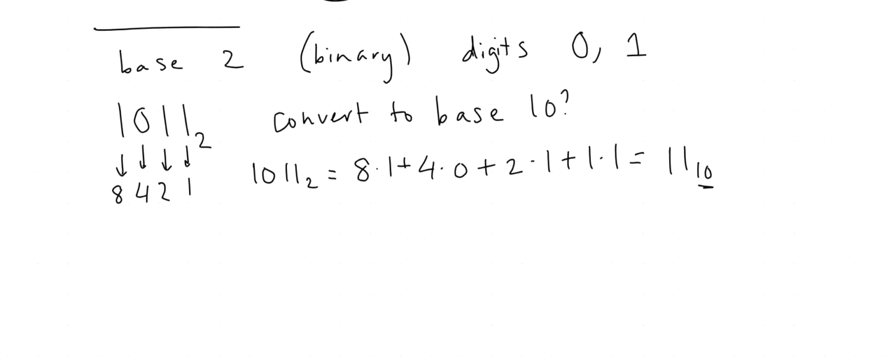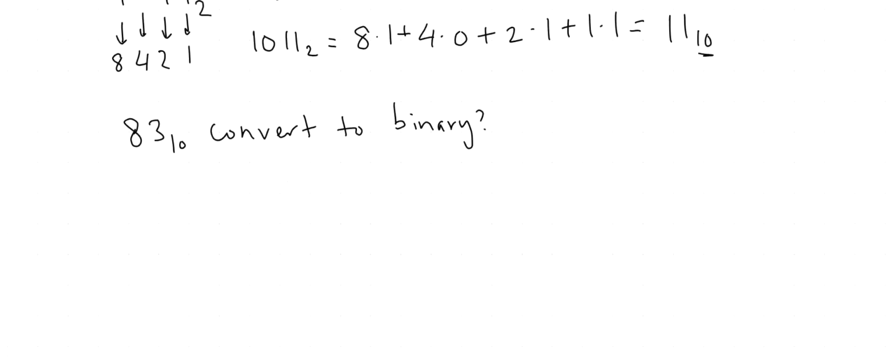But what if you want to convert a base 10 number into binary? Let's say we have the number 83. How to convert this into binary? Well, one way to do this is to think about how many of each power of 2 can go into 83.